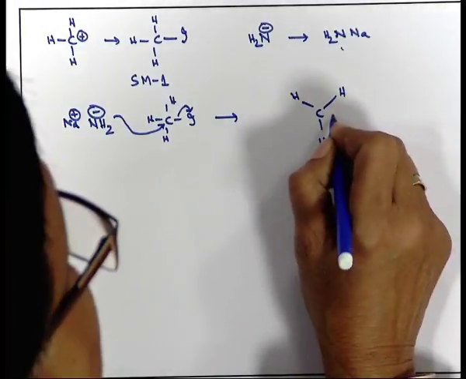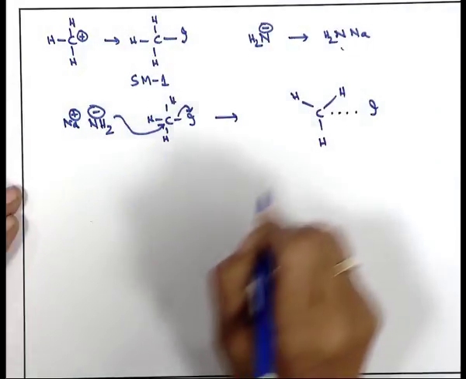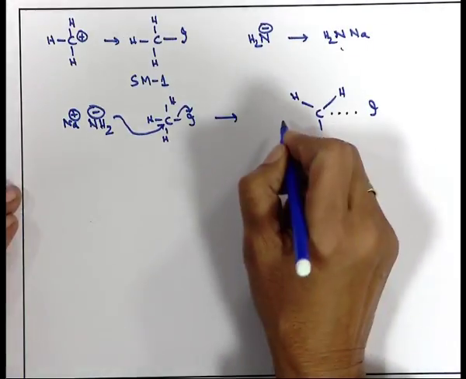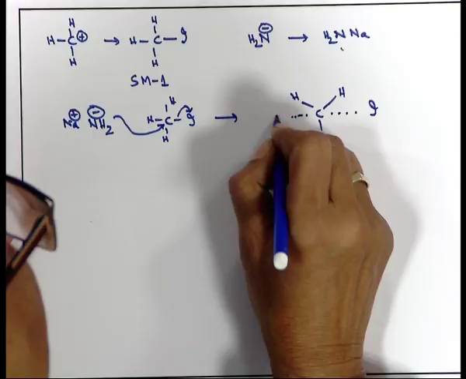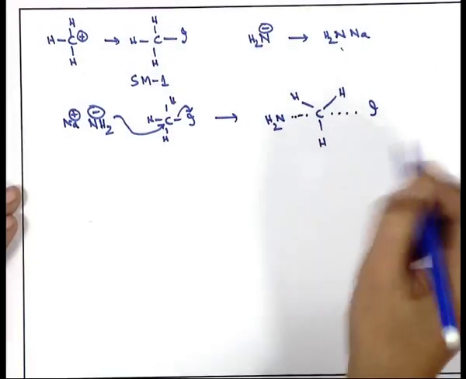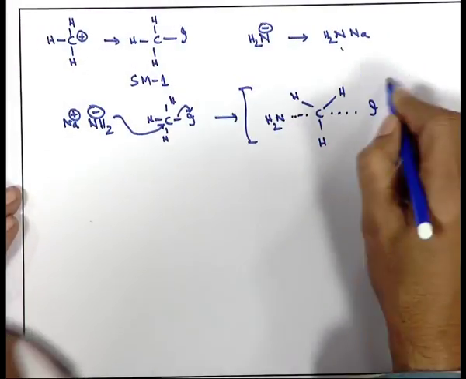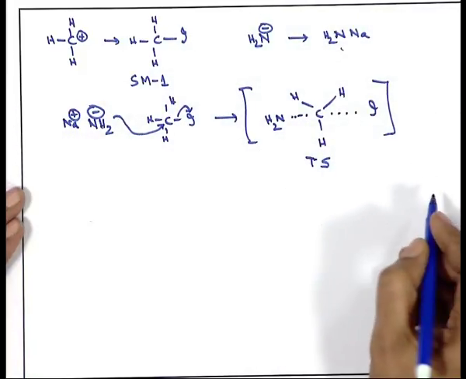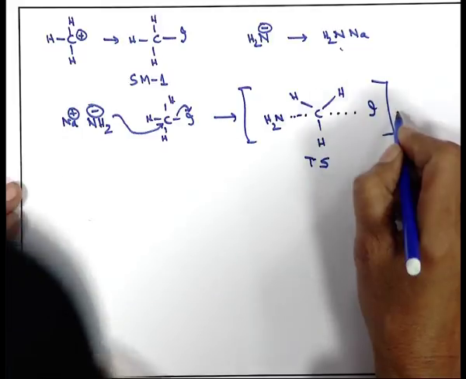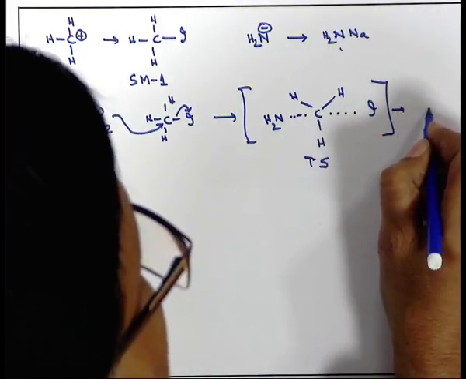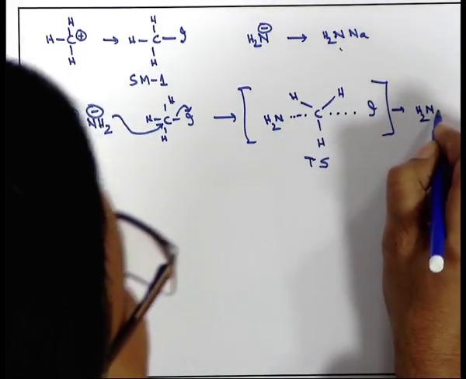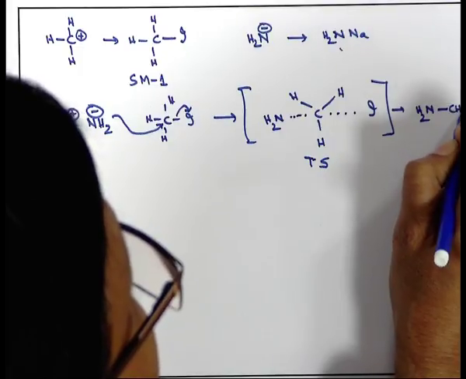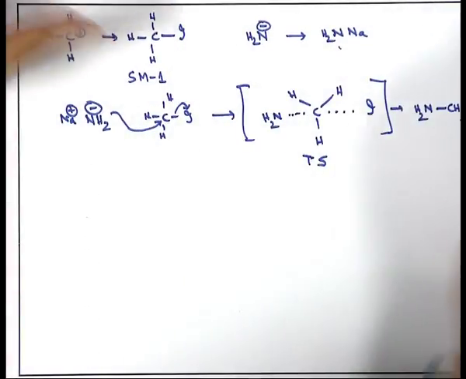Remember, I use a term transition state, where iodine is leaving and NH2 is entering the system. So, this type of transition state is not an intermediate, TS stands for transition state, and will give a product where NH2 is entering from one side and iodine is leaving from the other side.